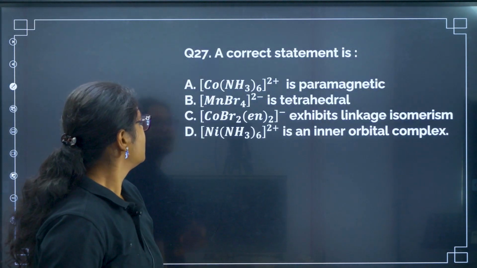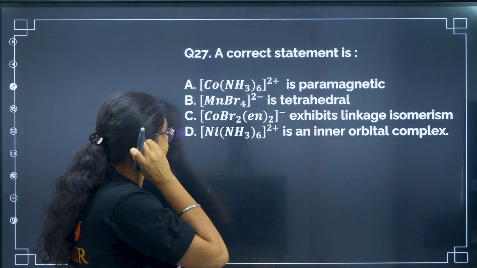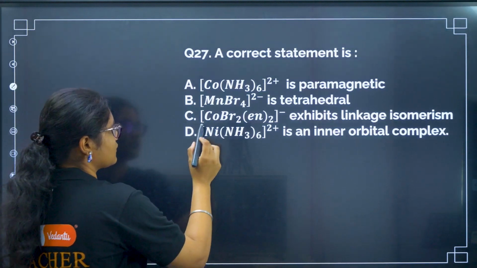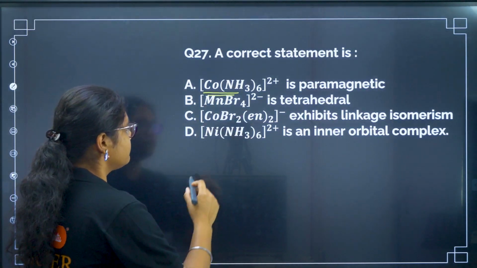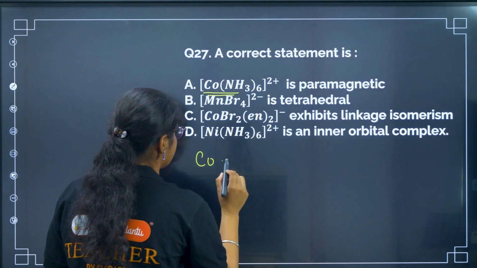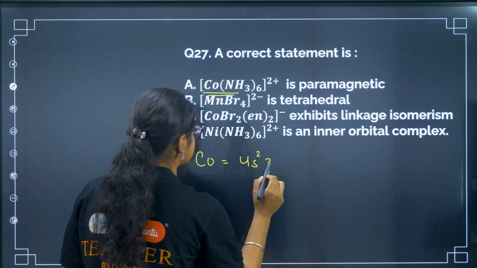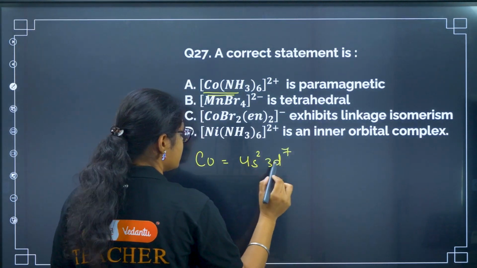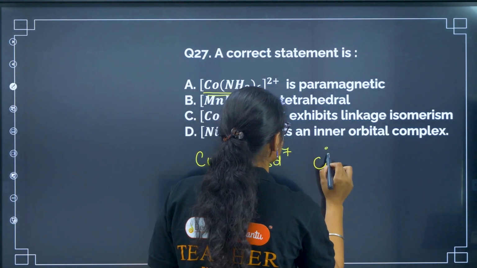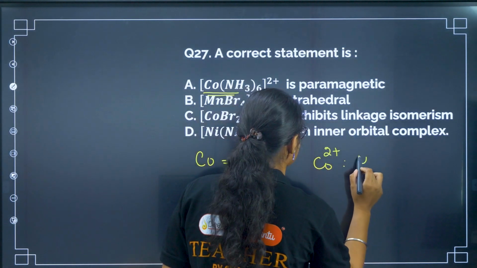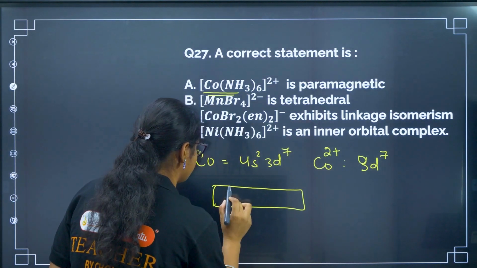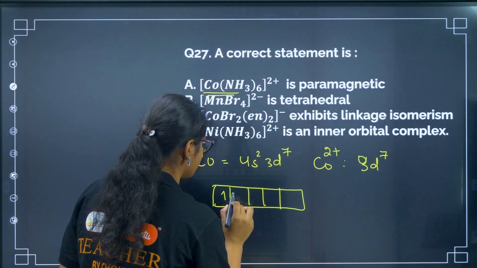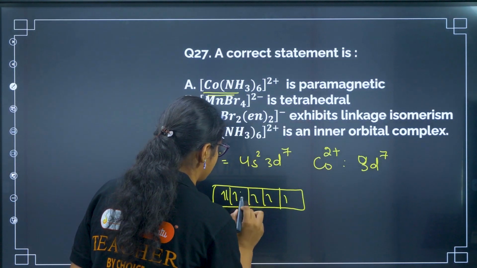Okay, next. You have to tell me the correct statement here. Okay, let us see. CoNH3 is paramagnetic. If you see the cobalt configuration, it is 4s2 3d7, right? Now in this case the oxidation number is 2 plus, so I will get 3d7 as the electronic configuration. 3d7 will have 1 2 3 4 5 6 and 7.